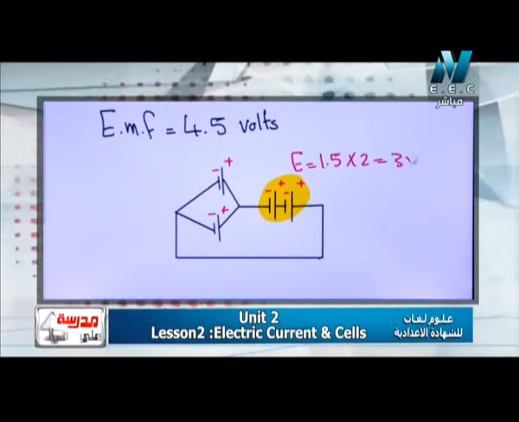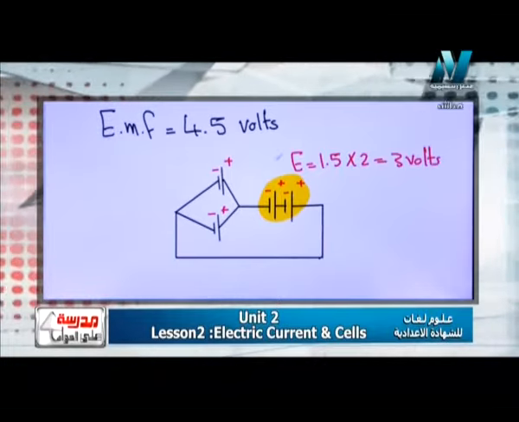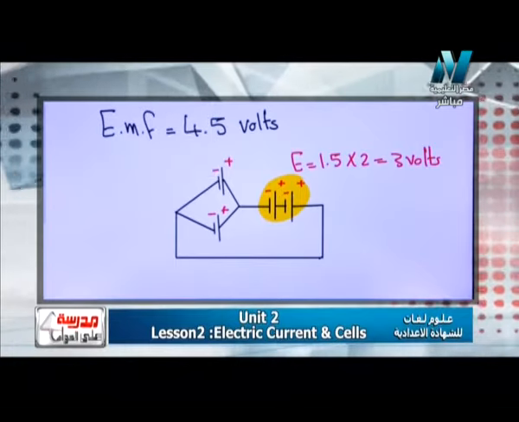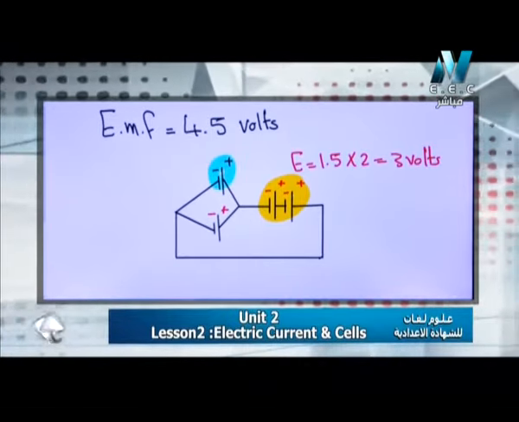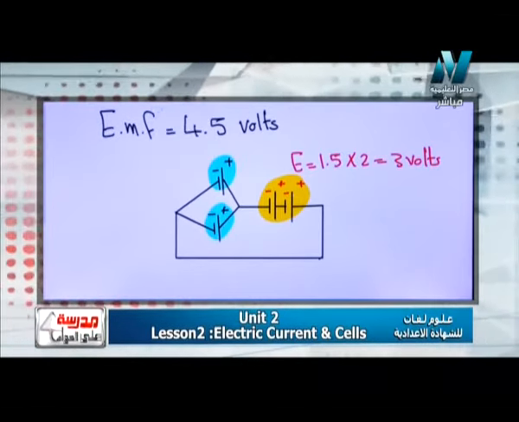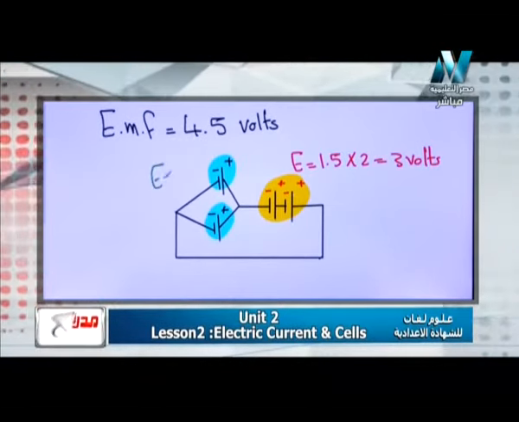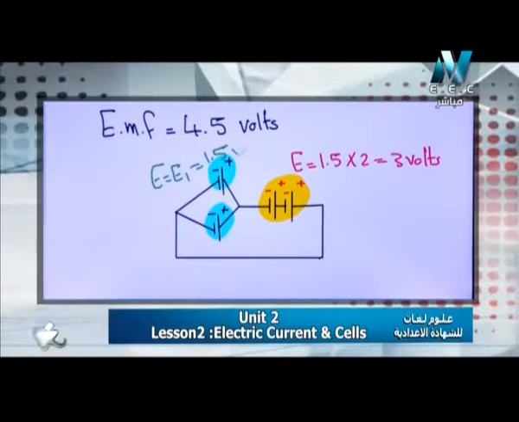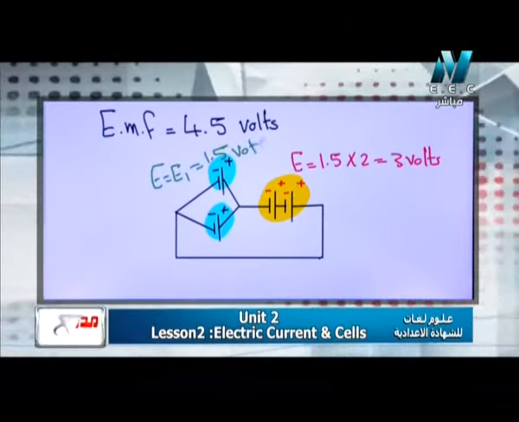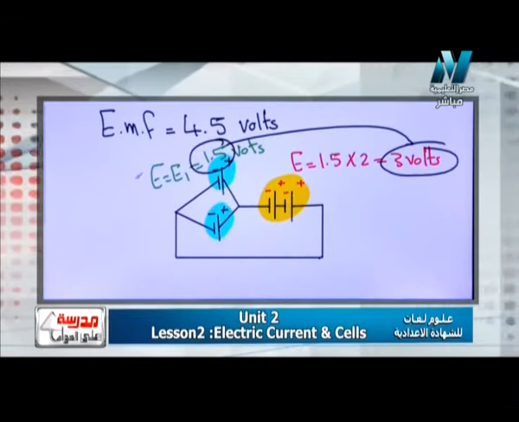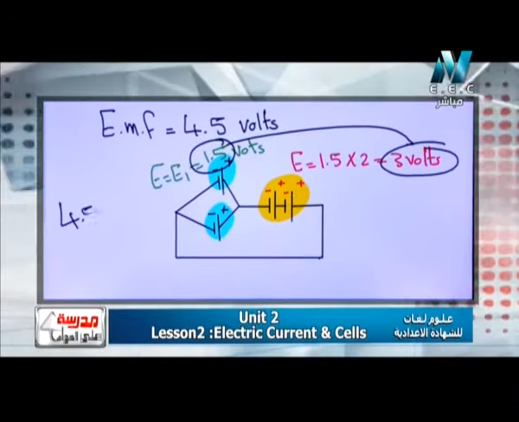And in this part, as you see here, E equal E1. And E1 equal 1.5 volts. So if we add 1.5 to 3 volts, we have 4.5 volts. Two parallel and two series.